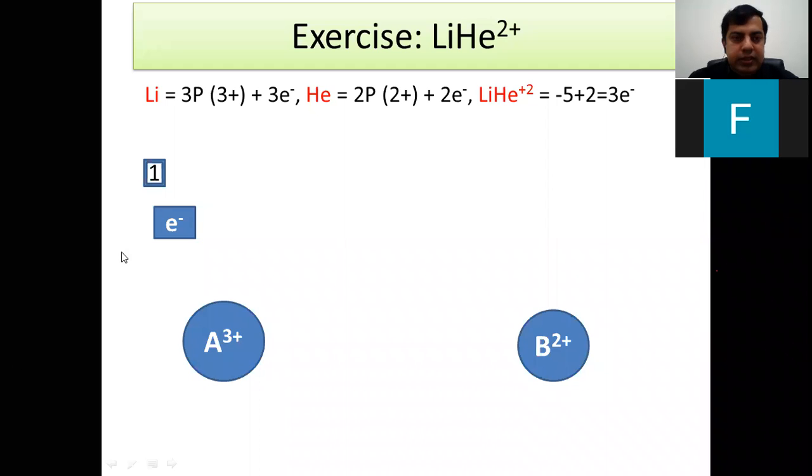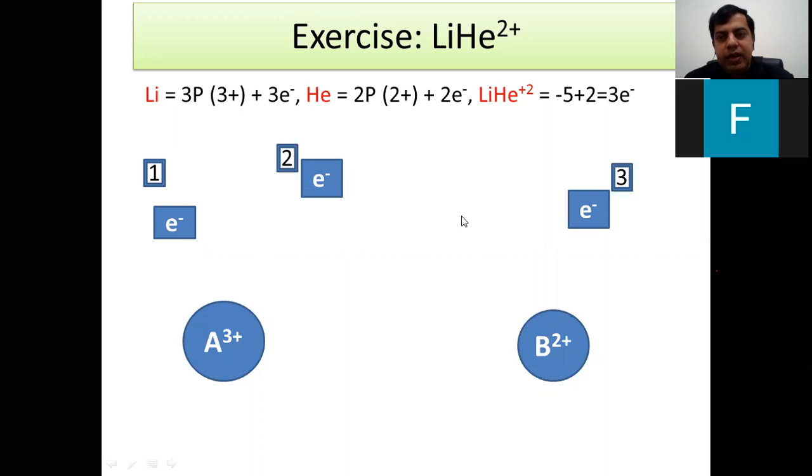So this electron, I am going to label 1, and this electron 2, and this electron 3, just to differentiate, because if I do not label, then it is difficult to understand which electron is having the repulsion between them, and whether this one is repelling electron 2 and one is going to repel electron 3.